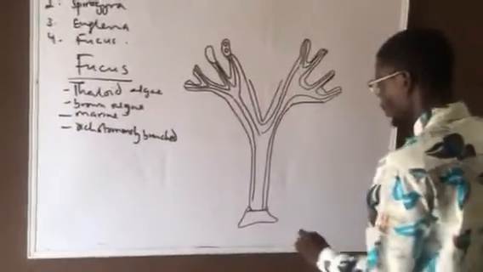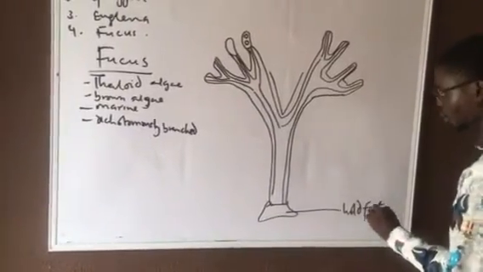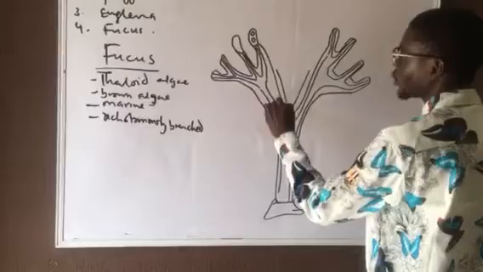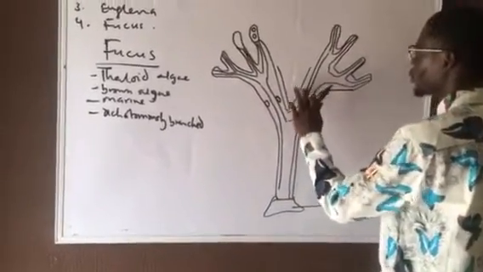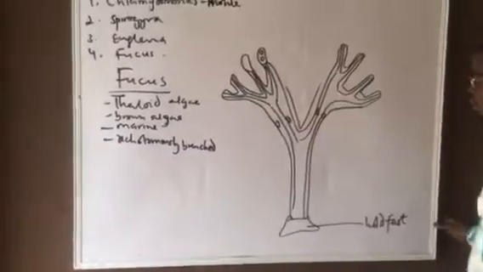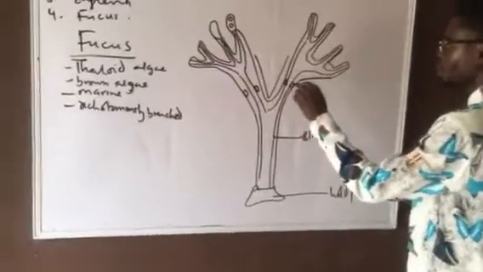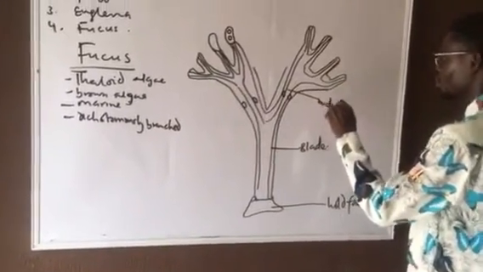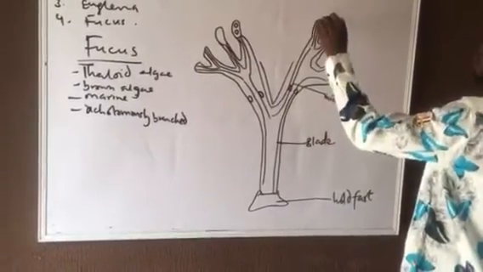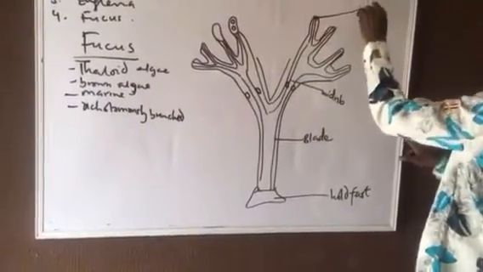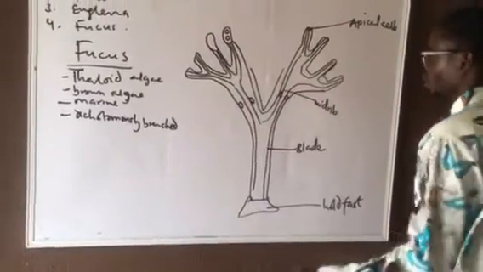So this piece is the holdfast. That's the air bladder. So we have the blade, we have the midrib, we have the apical cells, okay.